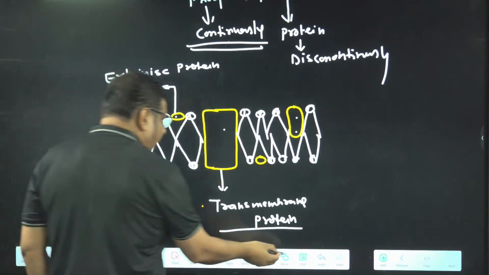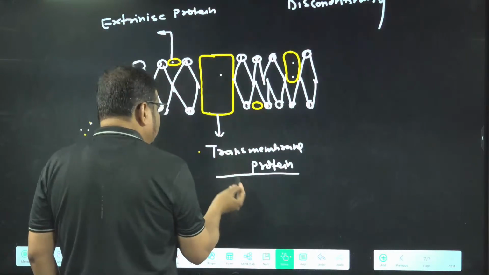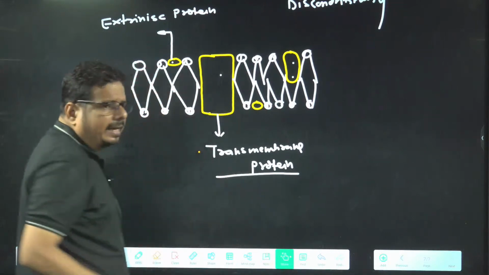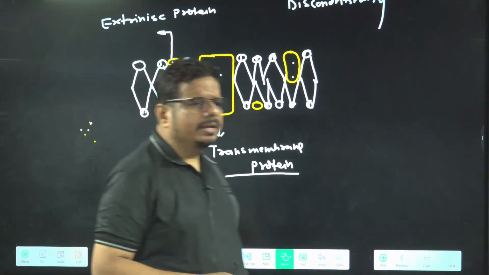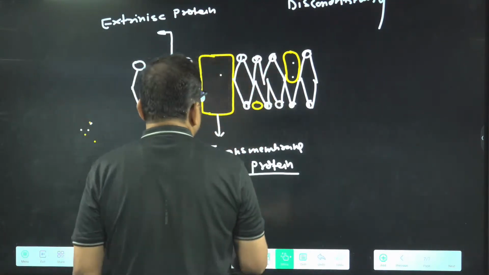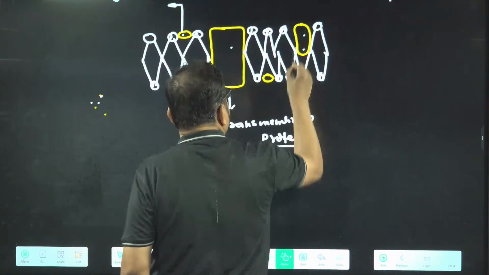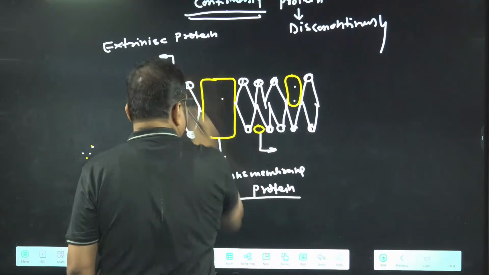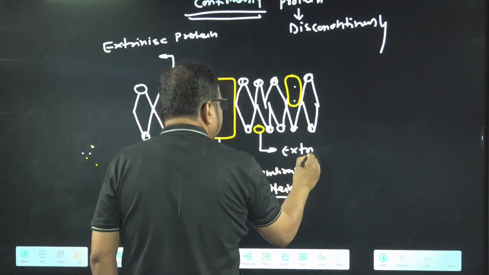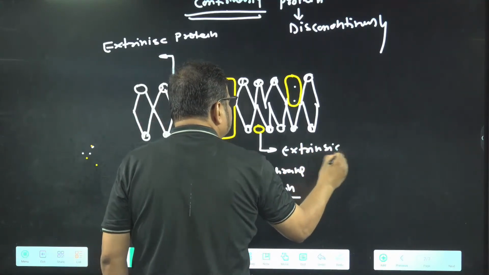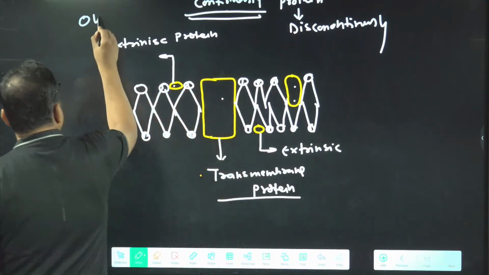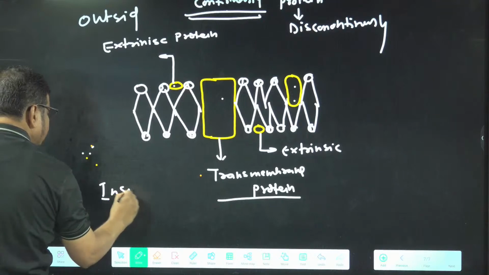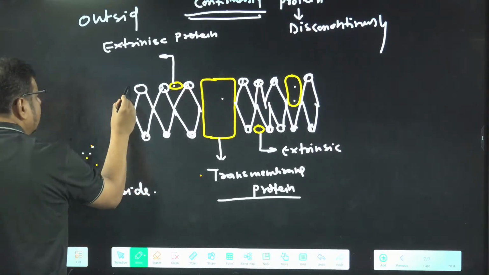Examples of transmembrane proteins are carrier protein, channel protein, and tunnel protein. So they are intrinsic proteins. This side is the outside of the cell and this is the inside of the cell, and this is the plasma membrane.